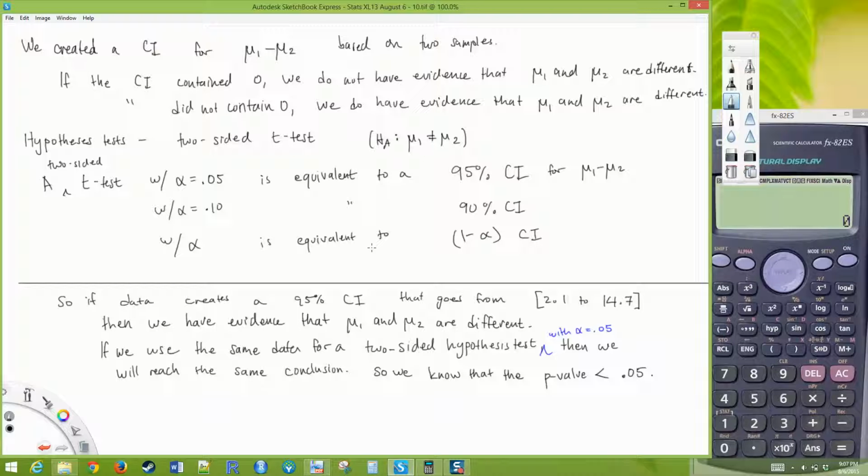Like false negatives and false positives. Yeah. If the defendant is found not guilty, we just continue to assume that he or she is innocent, but it doesn't prove their innocence.